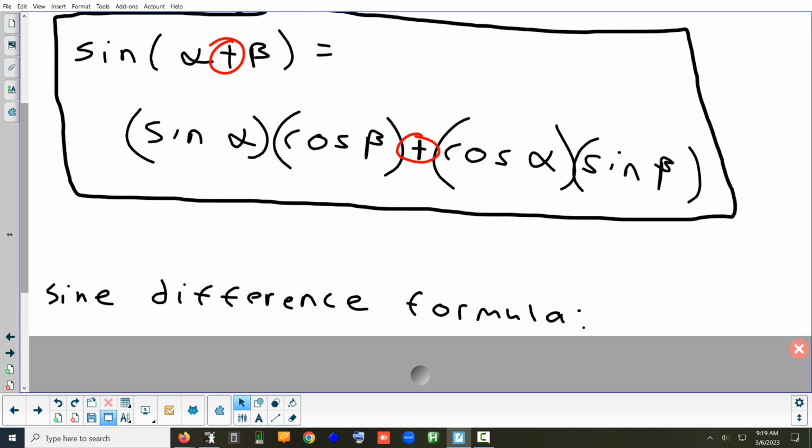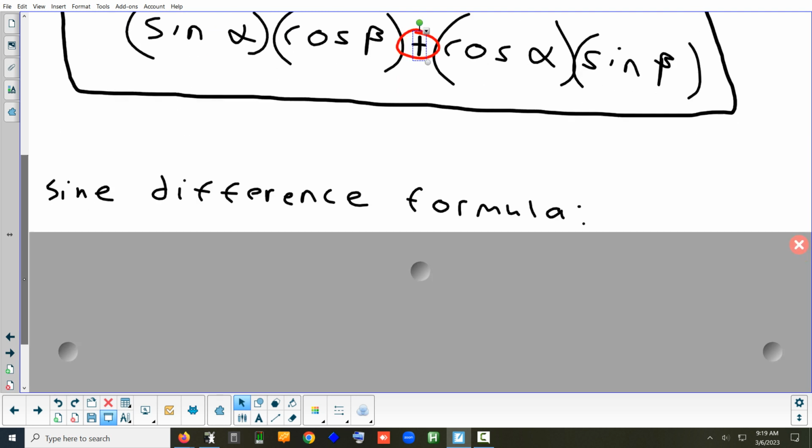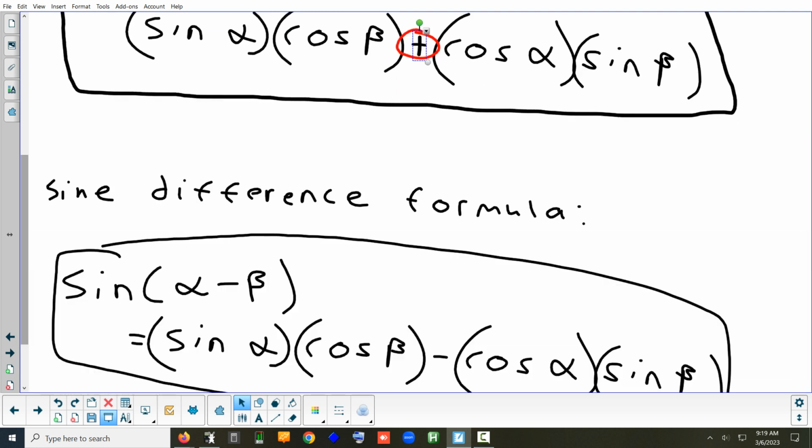Anybody think they know what the sine difference formula is going to be? Or you could just tell me what's going to change from that formula to get the difference. The sign will change. Yes, the addition or subtraction symbol between the two sets of parentheses is what's going to change. So it's going to become a minus sign instead of a plus sign.